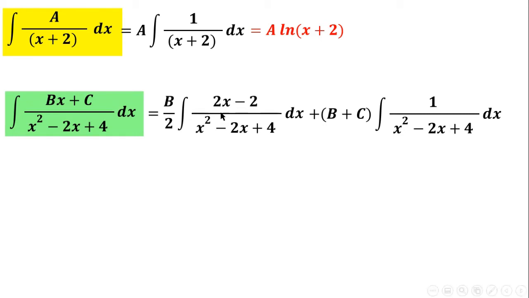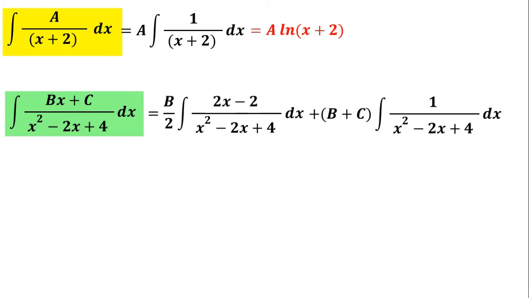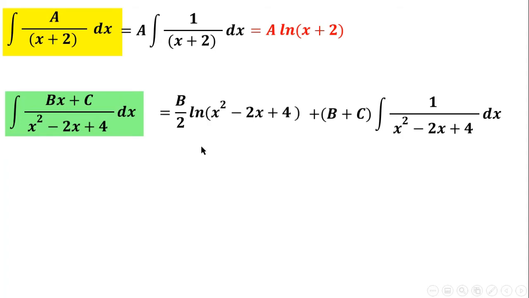We can see that the solution of the first integral is B over 2 ln of the denominator. Why? Because the numerator 2x - 2 is the differentiation of the denominator x^2 - 2x + 4. So the answer is B over 2 ln of the denominator.